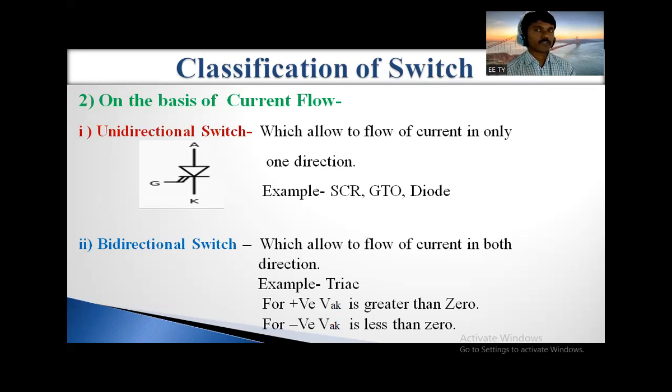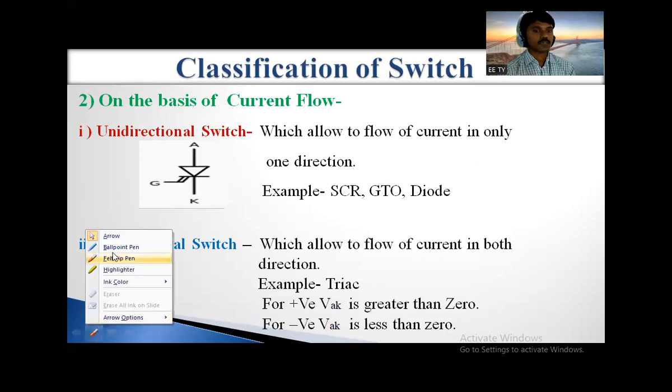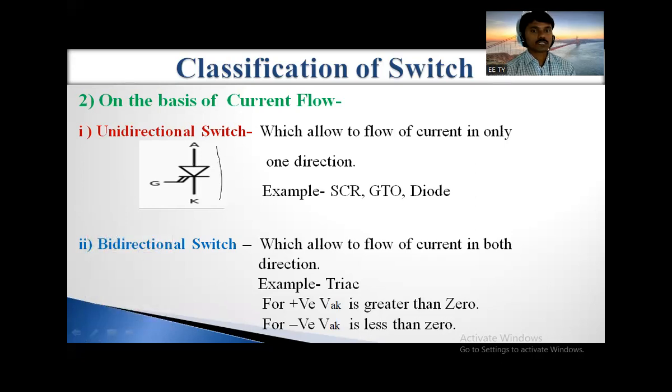If the current can flow in both directions, that switch is called bidirectional. Examples of unidirectional switches are the diode, and the thyristor is also unidirectional. The current will flow from anode to cathode only.